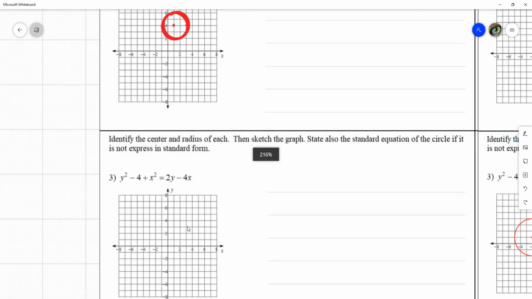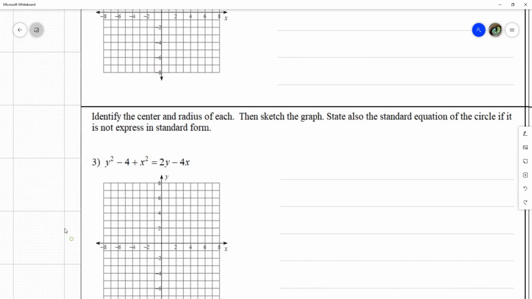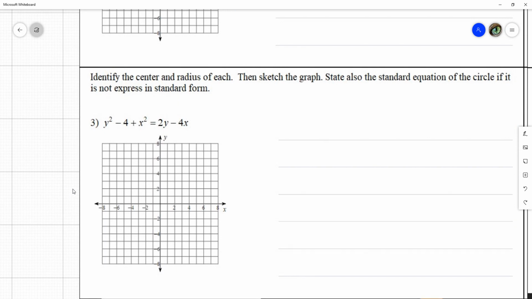For item number 2, as we can see here, it's not expressed in the standard form. Therefore, we are going to express that one into the standard form. Remember that the standard form is ax squared plus ay squared plus dx plus ey plus f equals 0. So we have x squared plus y squared.